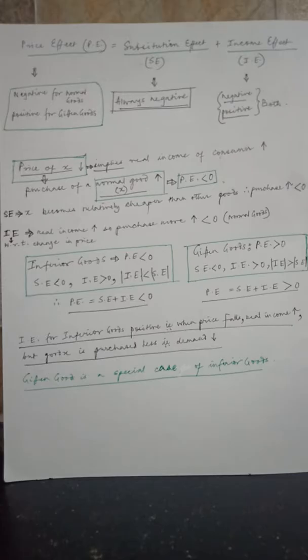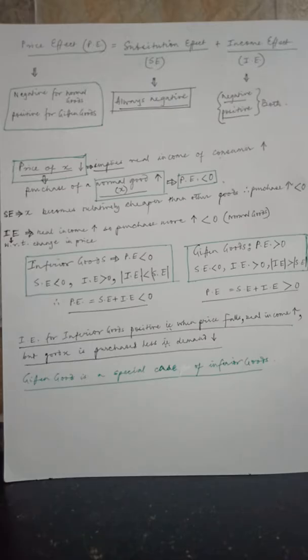So when the price is increasing, the quantity demanded will decrease, or when the price is decreasing, quantity demanded will increase. So there is a negative relation or indirect relation or inverse relation between the price of the commodity and the quantity demanded of the commodity.